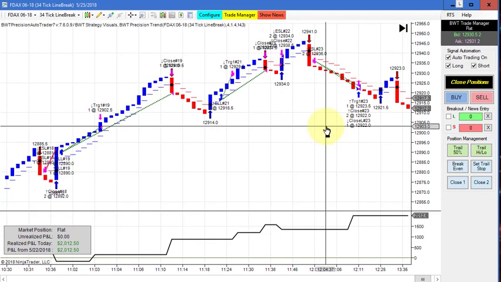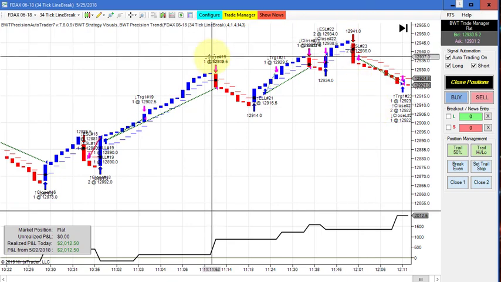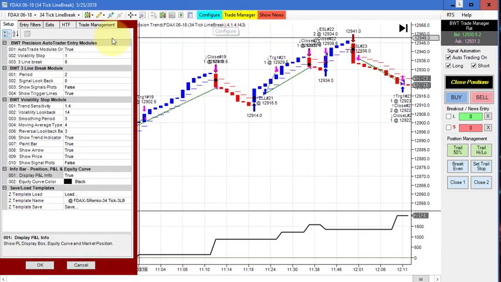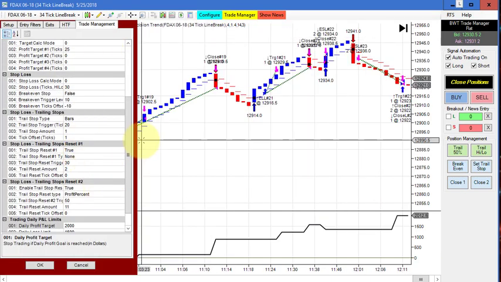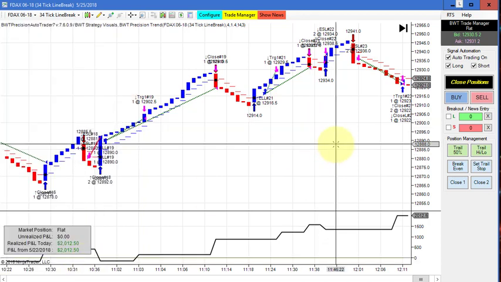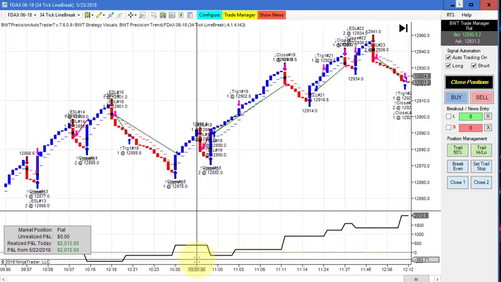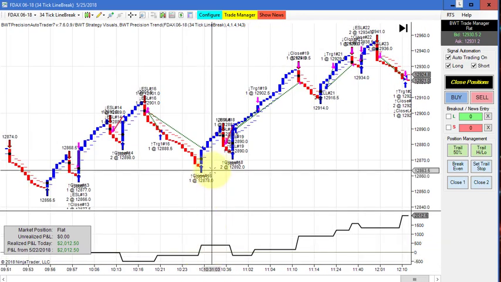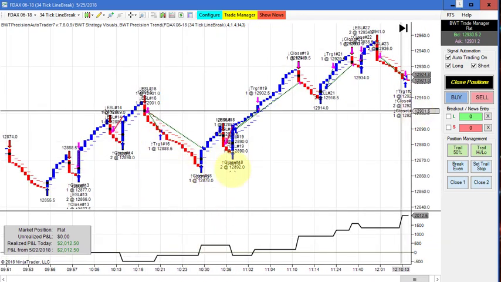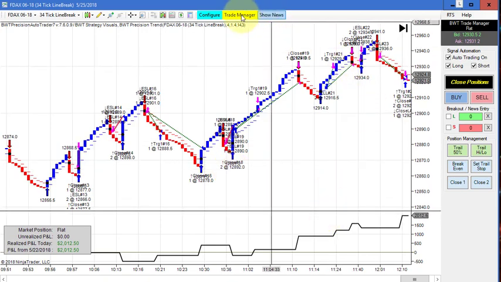But once again, the settings on this 34-tick line break chart, since the swings aren't as big, are actually pretty tight. I have a profit target of 25 ticks, but at 20 ticks I'm trailing by bars. So these are actually pretty tight settings for the DAX, and it took a few trades for it to hit its goal, but generally the trades and the idea that I chose here, trailing the stop, actually turned out pretty good.